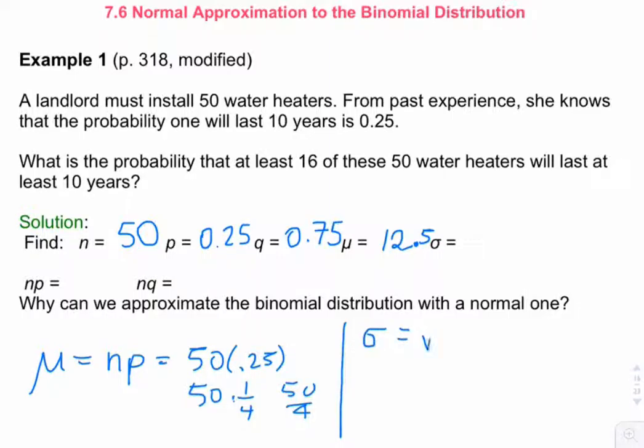Sigma is the square root of N times P times Q. So the square root of 50 times a quarter times 3/4.